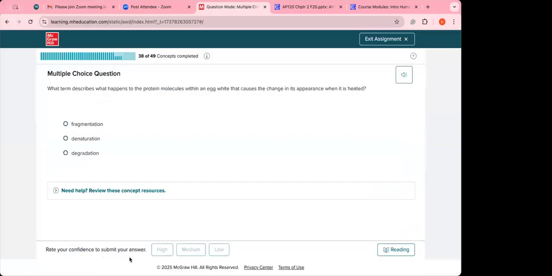What term describes what happens to the protein molecules within an egg white that causes the change in its appearance when it's heated? We read this, but it's been a while.